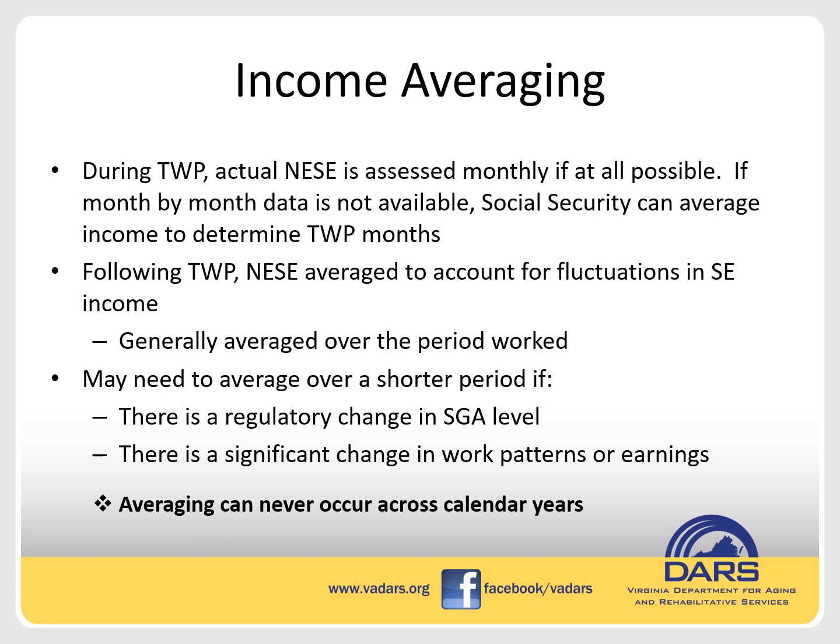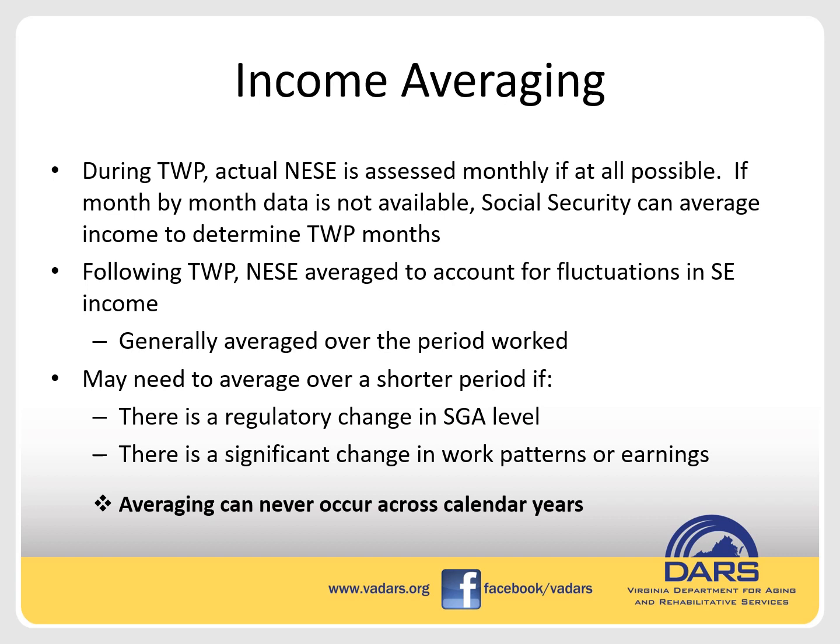But there might be a need to average over a shorter period of time if one of the following is true: there has either been a change in the SGA level, or there's a significant change in work patterns or earnings. Number one is kind of self-explanatory. They'll average over a shorter amount of time if there has been a change to the SGA guidelines. As you all know, typically the SGA guidelines go up in January every year.